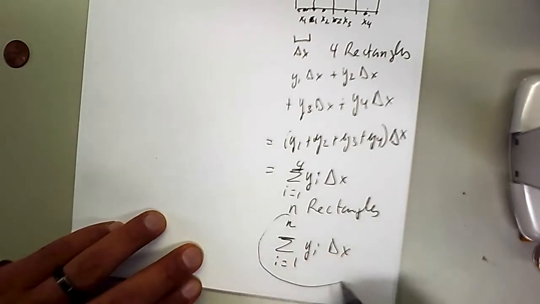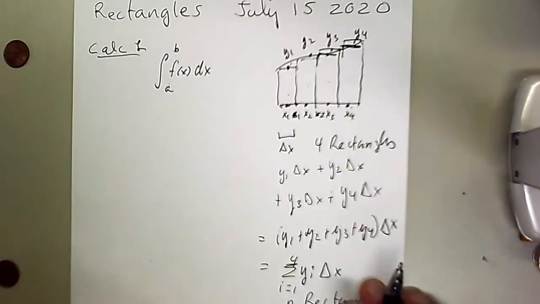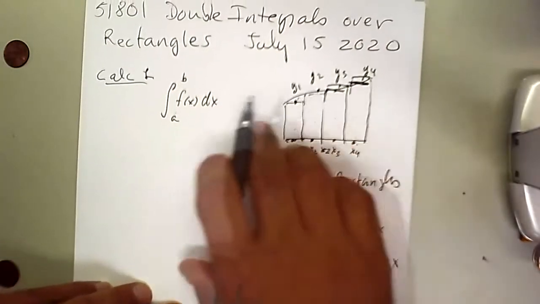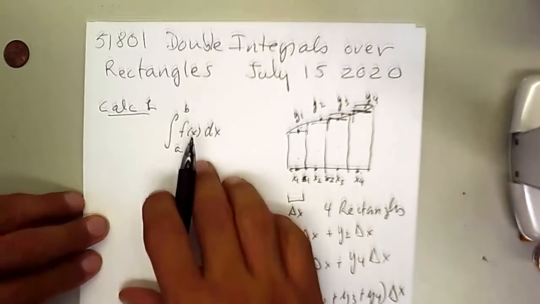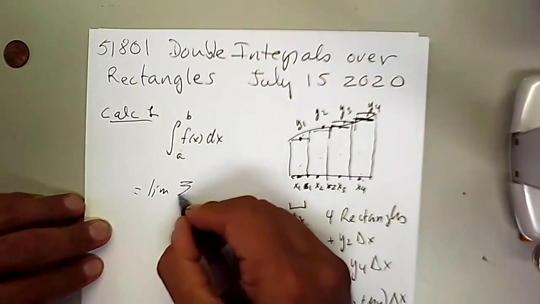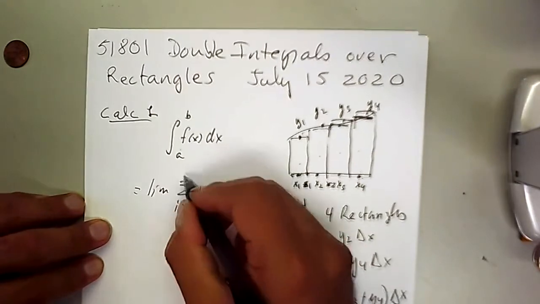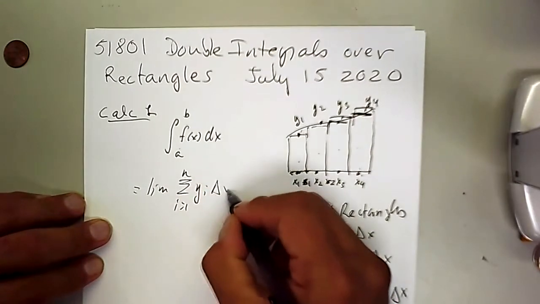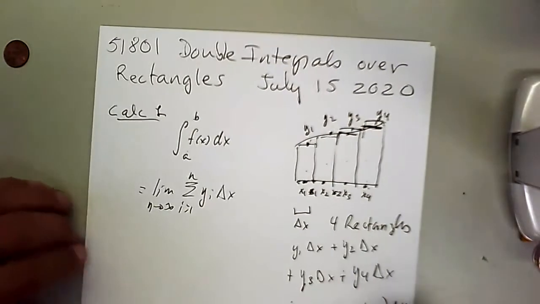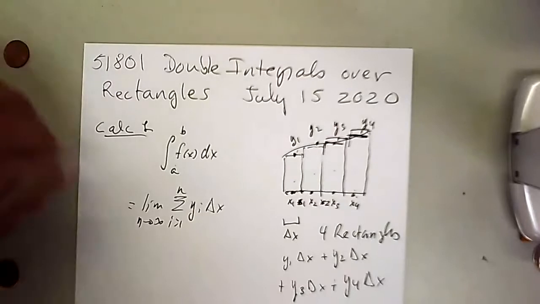So this would be the sum of all of those rectangles. So that's the setup of how we get started. And this integral will actually be the limit of that sum of yi's from i equals 1 to n, times delta x, as n goes to infinity. So that is the way we define a definite integral.